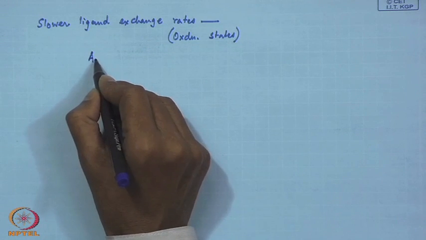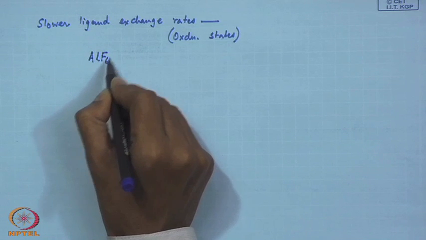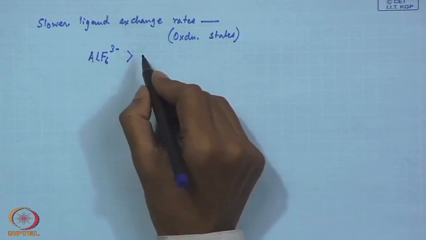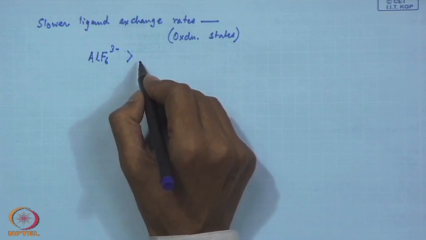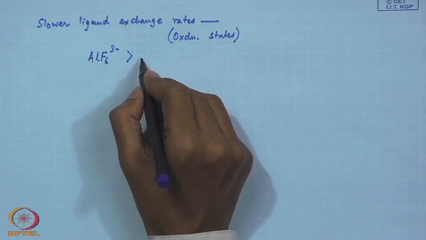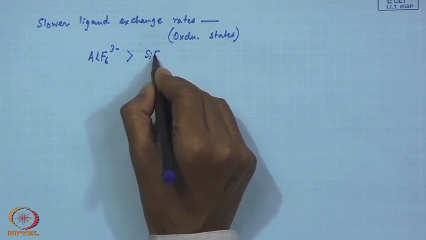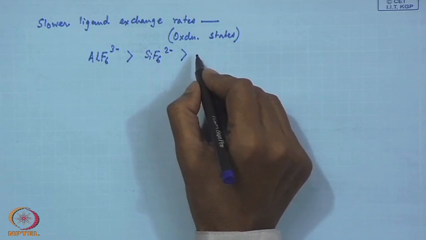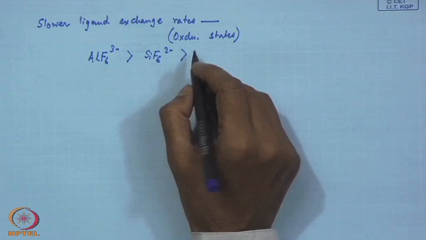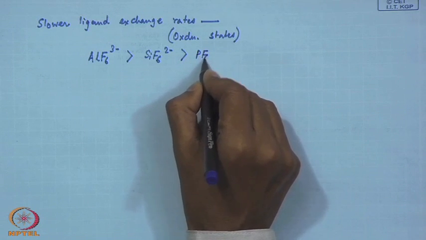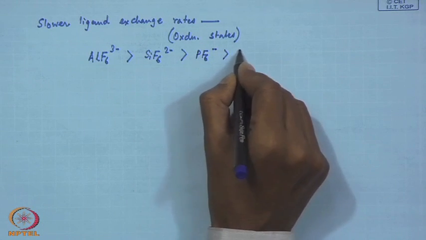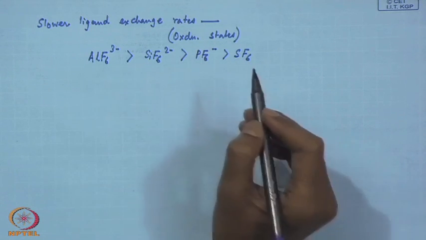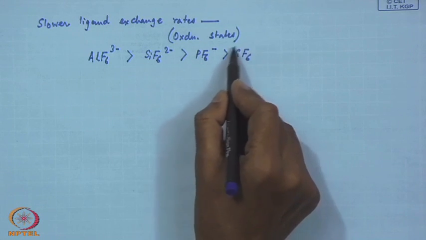So, if it is dependent simply on the oxidation state, the rate of the reaction is greater for hexafluoroaluminate, then SiF6 2 minus, where the oxidation state is different, then PF6 minus, which is greater than SF6, where the oxidation states are 3, 4, 5, 6.